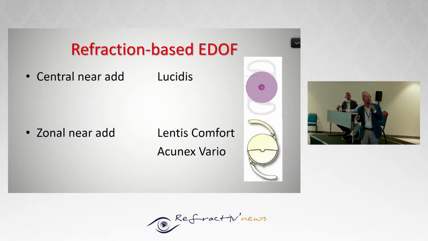Refraction-based EDOF may have a central near add, like the Lucidis, or a zonal near add, like the Lentis Comfort and the Acunex Vario. Those lenses work very well in many cases, not without the common photic problems of those types of lenses.